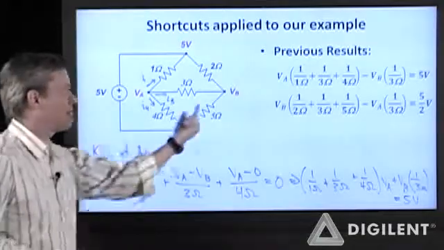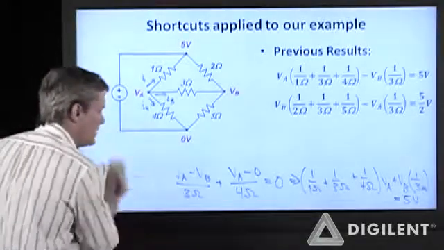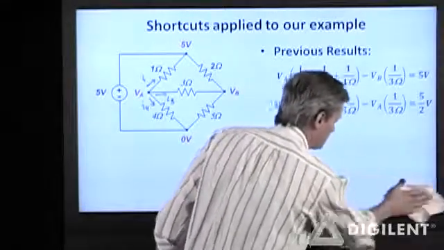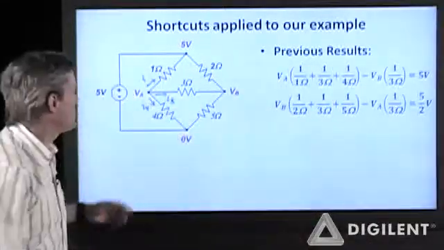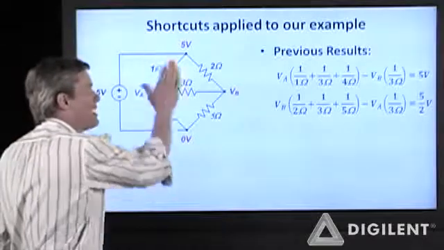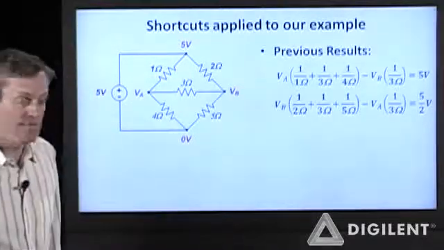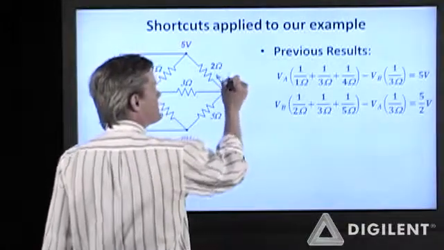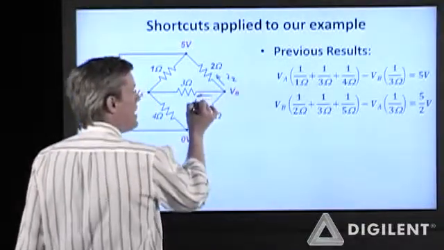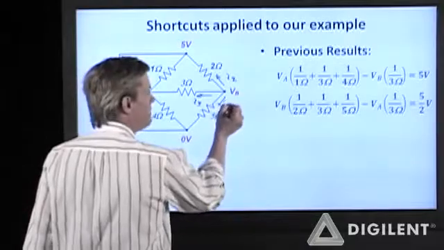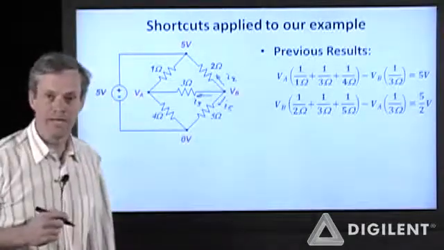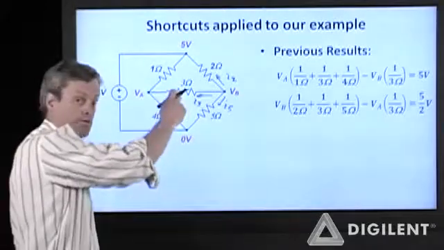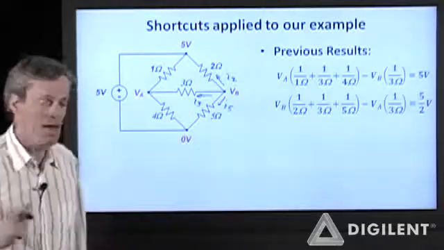I can do the same thing at node B. Now what I'm going to do is forget my positive directions that I had previously, and I'm going to assume that all the currents I2, I3, and I5 are leaving node B. That directly contradicts the assumption that I made about the current I3 at VA, but I don't care.